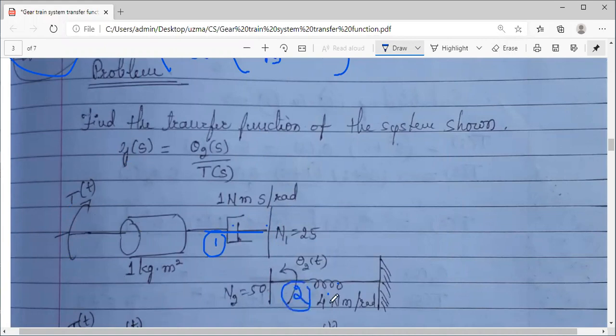You need to decide whether I should take the reflection of shaft 2 on shaft 1 or from 1 to 2, so that you convert it into a normal system. The better thing: see how many connections you have. There is a torque, there is a J, there is a B, so 3 things are connected. Here there is only one spring, so it would be easy for us if you take the reflection of shaft 2 over shaft 1. That's what I have done here.